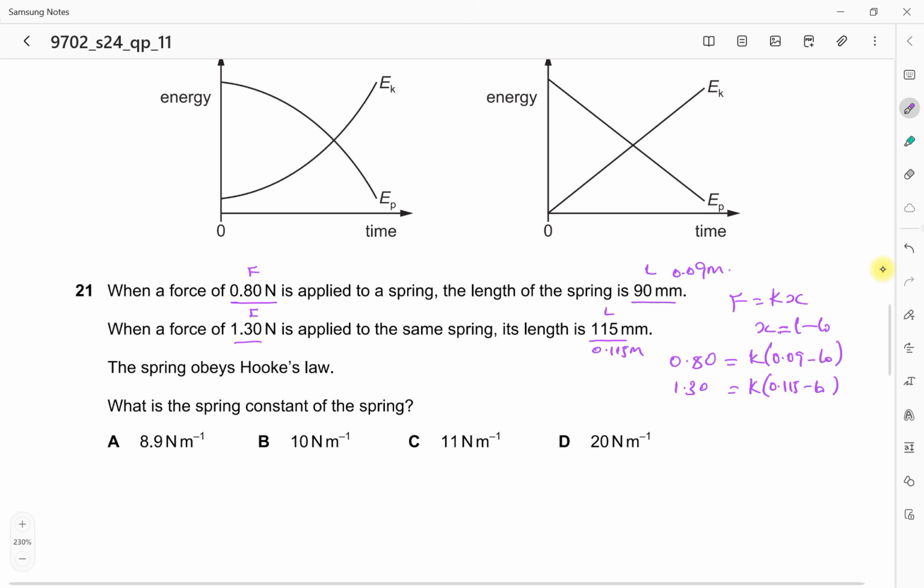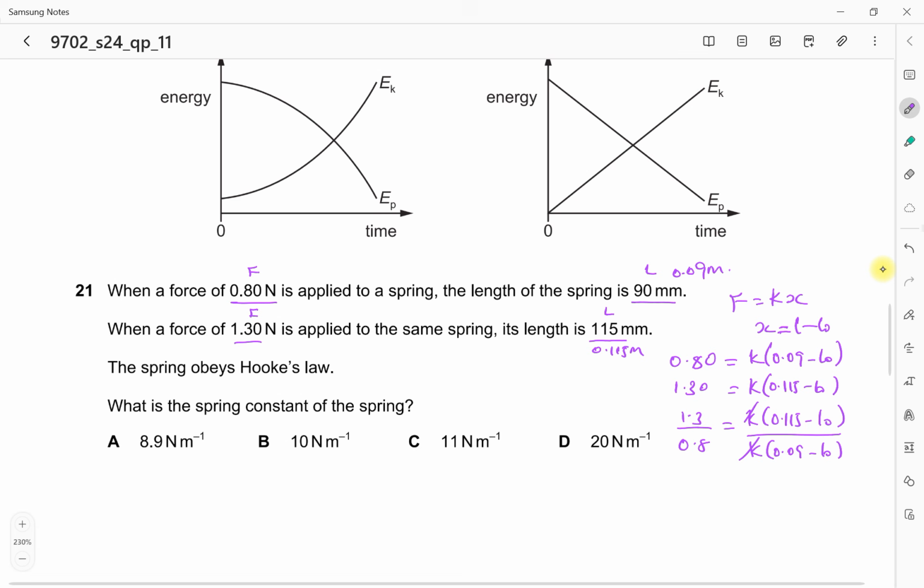So I'm going to divide the two equations. I have 1.3 divided by 0.8 equals K into 0.115 minus L naught divided by K into 0.09 minus L naught. So K cancels first, and this helps us to find L naught.